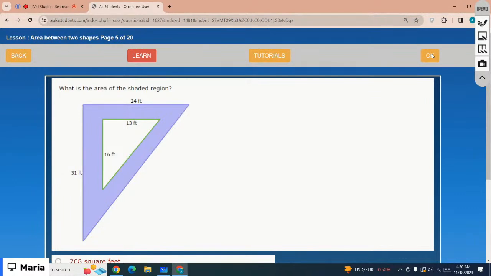What is the area of the shaded region? Which is the correct option? The correct option is 268 feet square.